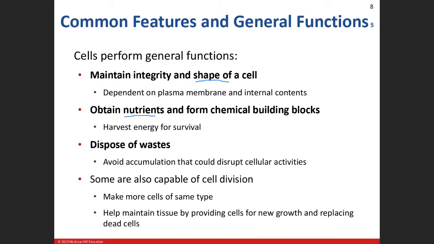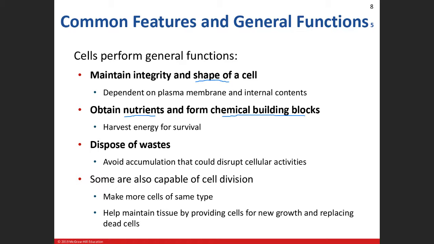And with those nutrients, they will help to build or create these chemical building blocks for whatever purpose. If it's a bone cell, it needs these chemical building blocks to increase the integrity of bone. Or if it's a cell that needs to make a hormone, then it needs those nutrients for energy in order to create that hormone.